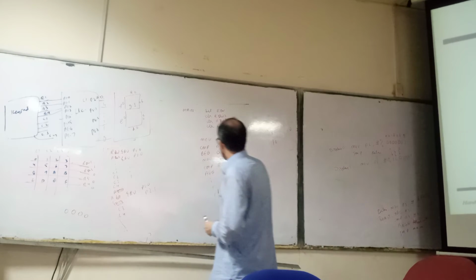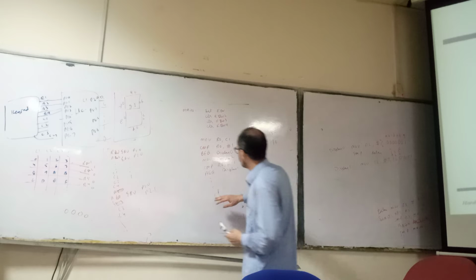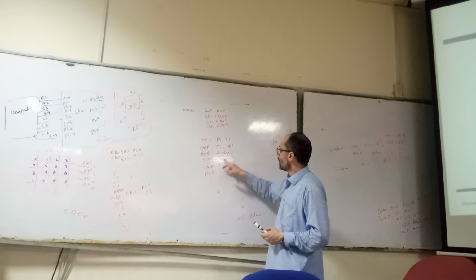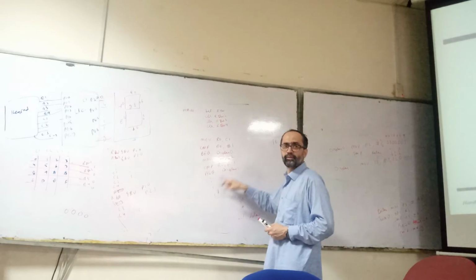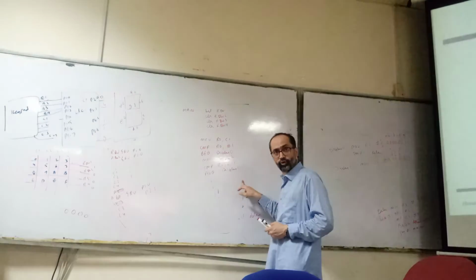Okay, now in the next iteration, R0 to C2, R01, then move R0, then C3, then C4.